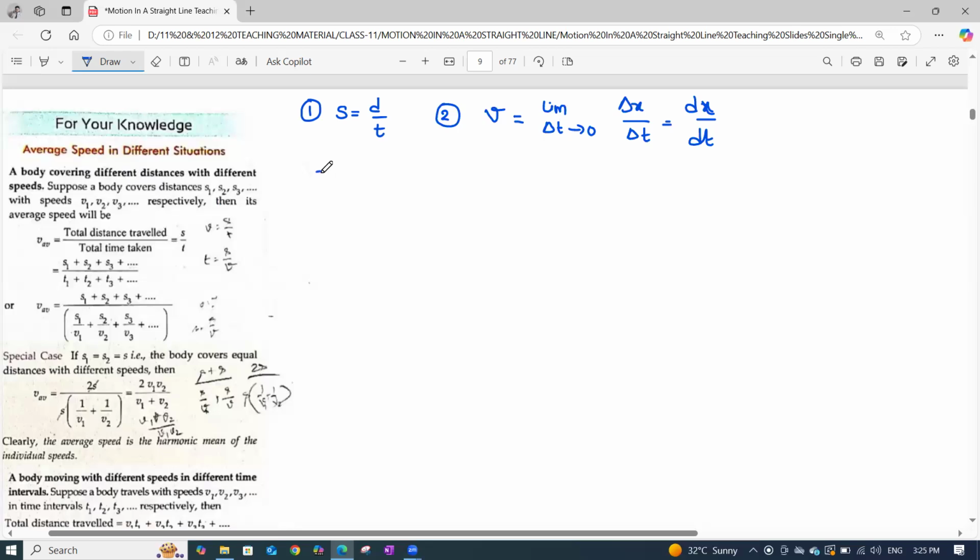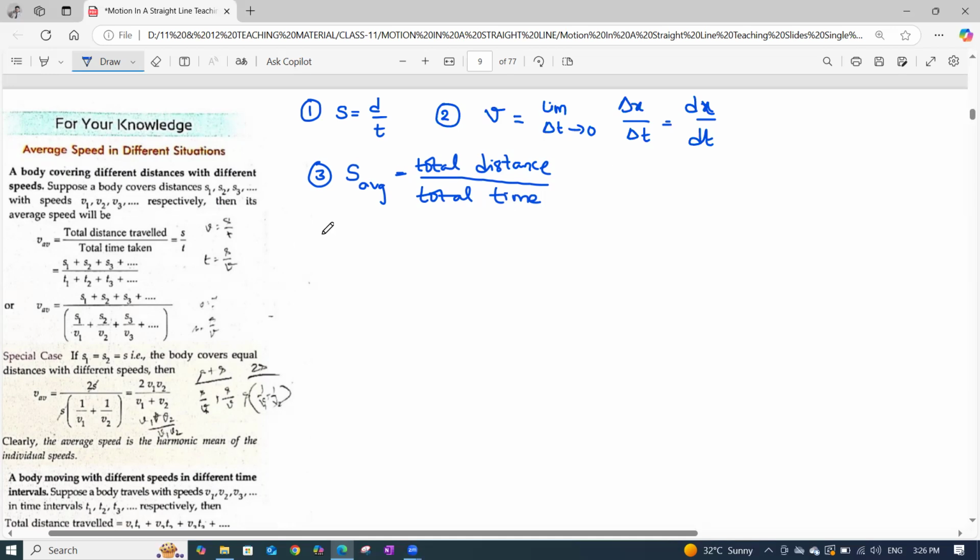Okay. Next, third formula is average speed. Average speed is total distance traveled by a body upon total time taken by the body for the traveling.